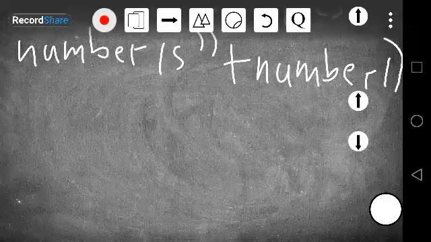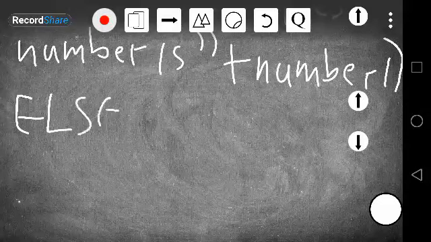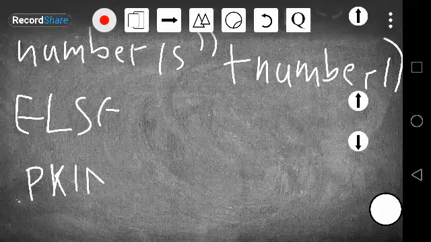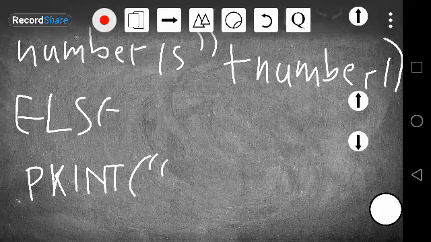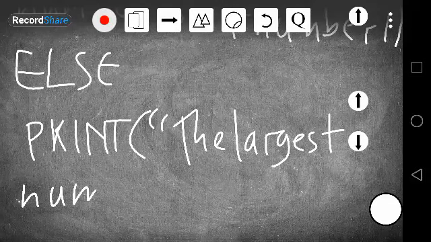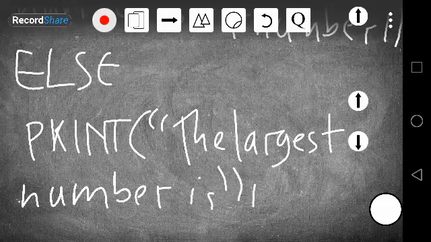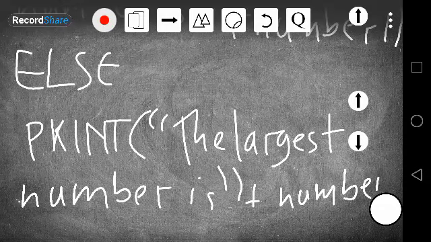Okay? Else print ("The largest number is" plus number 2).